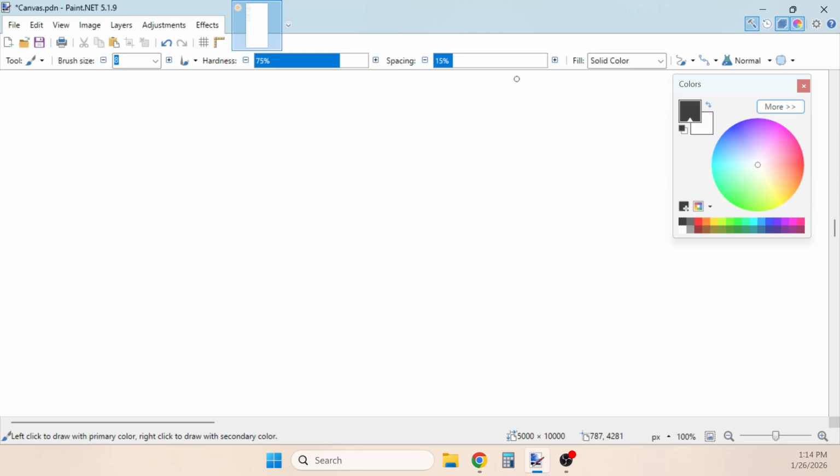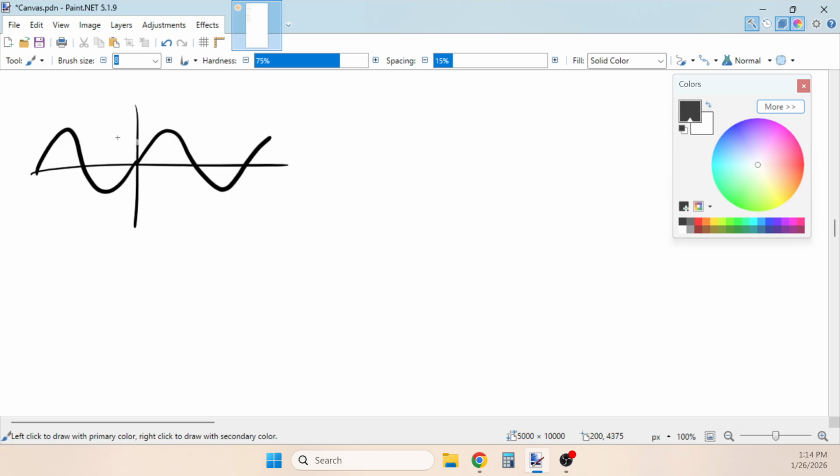Okay. So I guess what we should do, we'll look at the wavelength. The wavelength is the distance on one of these trig functions that it takes until we get repetition.